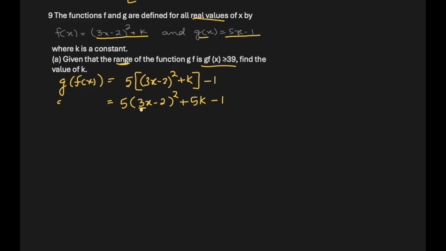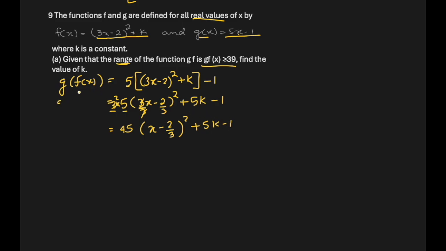I do not want this 3 here, so I'll divide here by 3, and I have to multiply outside by 3 squared, because this 3 is also being squared. So outside we'll have 45, 9 times 5, 45, and the 3s cancel. It will be 45 times (x minus 2/3) squared plus 5k minus 1.